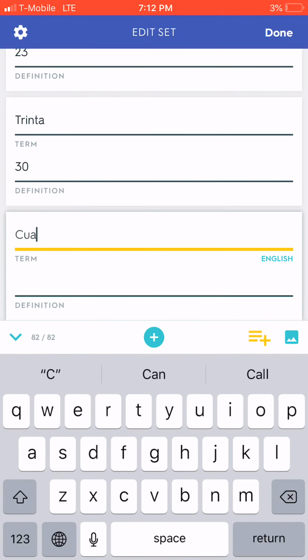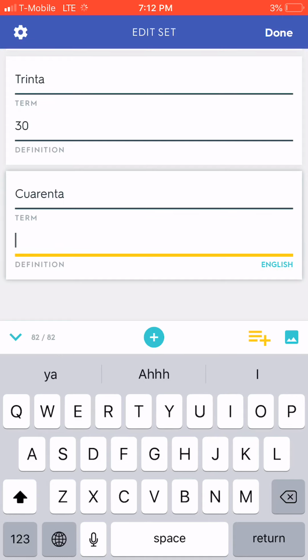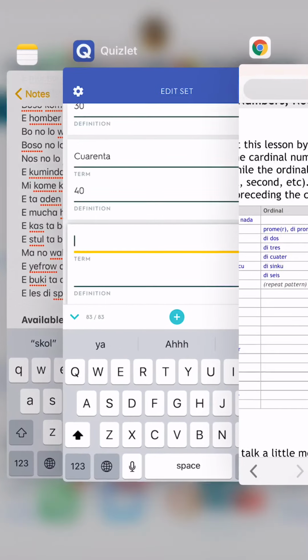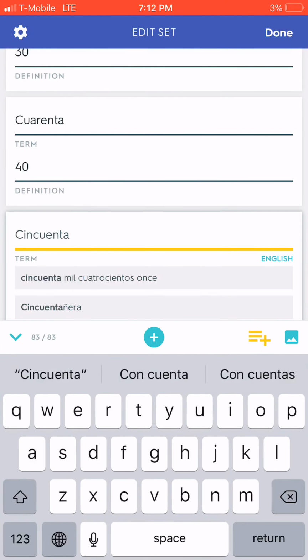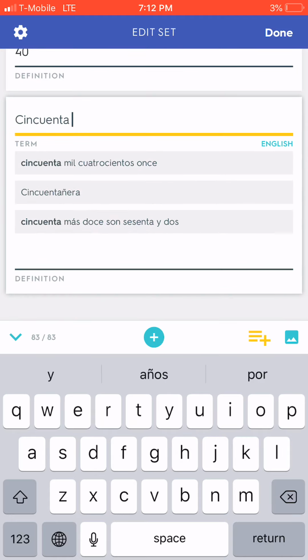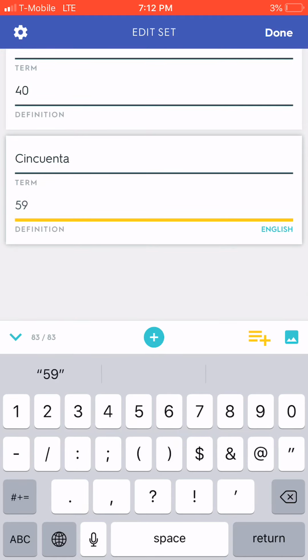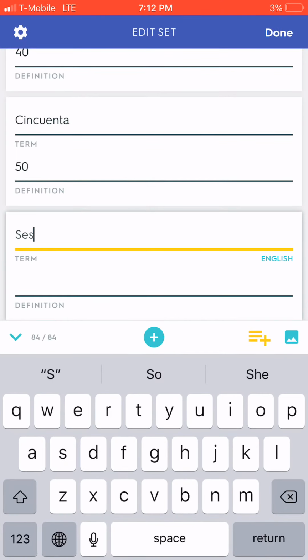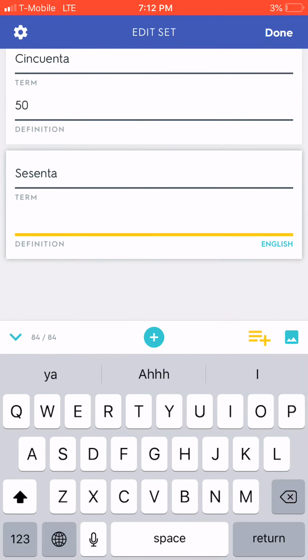40 with a C, so it's spelled just like Spanish. Okay, so Aruban Papiamento spelling was created and regulated based on Spanish spelling. So 40 is 40. 50 is 50. 60.